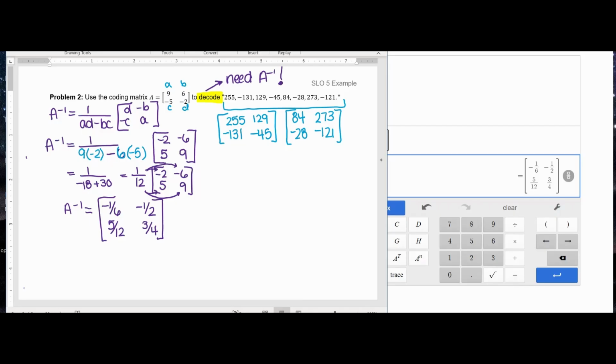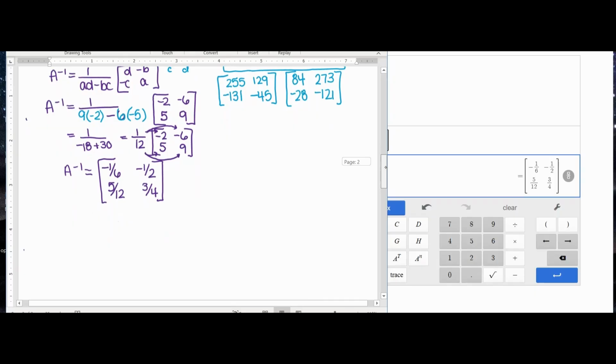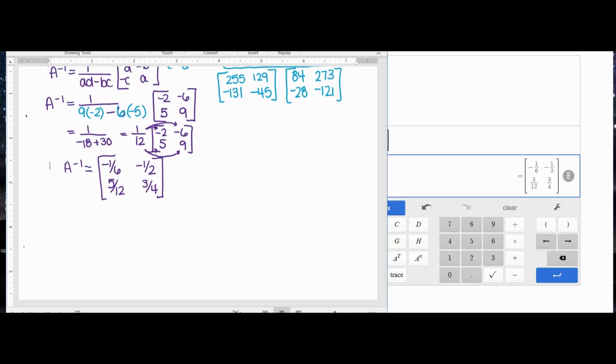We need to take A inverse times each of these matrices. So first matrix, multiplication. We're going to have A inverse first. A, whether it's A inverse or the original, is always first.